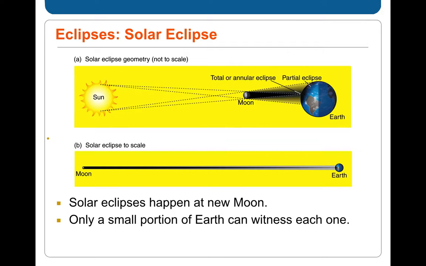And these eclipses happen at specific phases. For instance, in a lunar eclipse, we are observing the moon in the sky. The moon is in a full phase, and then it starts entering the shadow, and then we see the moon in a copper coloration because it's completely immersed in Earth's umbra.